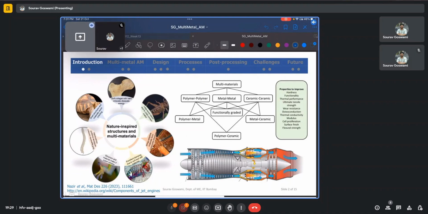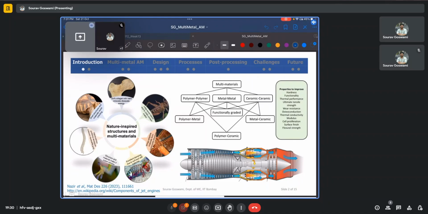Some of the examples which we have already seen previously in our slides are the functionalization of the bone density in the human body, where you have the soft collagen with hard minerals which act together to dissipate energy. Or in certain insects, you have the legs avoiding failure due to a chitin protein matrix. And similarly, in other living matter, such as in tortoises, you have a soft body, however, you have a hard shell which resists cracking and can carry loads.